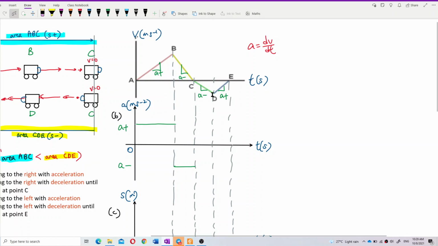So for CD the graph is a bit above, a bit on top, less negative, while BC is more negative. And then DE is almost parallel to AB, isn't it? Also positive acceleration, almost equal to AB. That's it for the acceleration time graph.